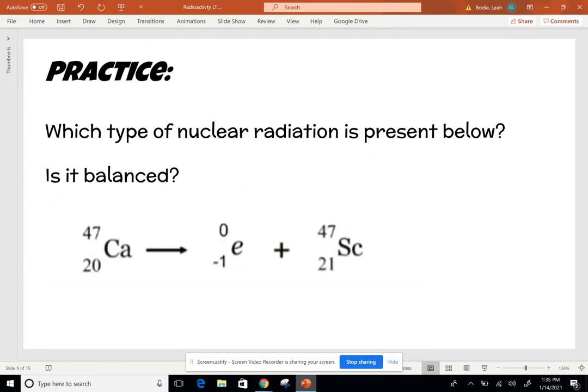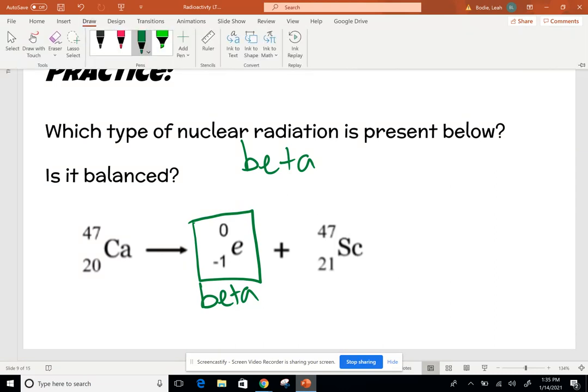All right, let's look at another example here. Which type of nuclear radiation is happening here? Well, we're going to start out looking for our particle. And we can see here that we have a beta particle. So beta radiation is occurring. Now, is it balanced? Well, let's start with, again, I'm going to switch my colors.